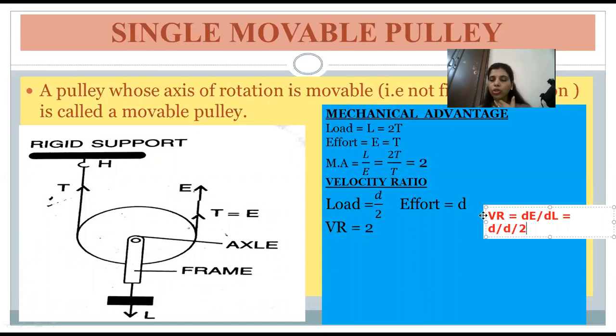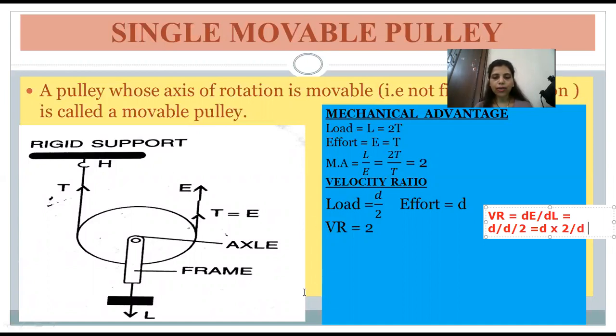So it is d upon 2. Now when you take division, you take the reciprocal to make it a multiplication sign. So it will be d into 2 upon d, because you take the reciprocal when you change the division sign, children. Understood?